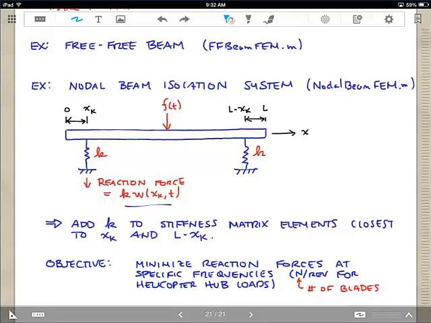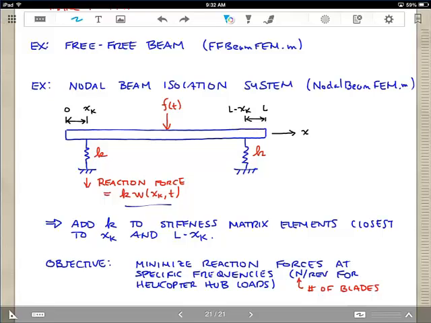We're forcing it in the middle, and we'd like to see if we can generate some sort of node so that you're exciting the system at a certain frequency and there's basically no force being transmitted to the base. As I said, these are actually used in helicopters to isolate the rotor from the fuselage. It's very easy to implement this in finite elements. All you have to do is add these stiffnesses k to the right finite elements.